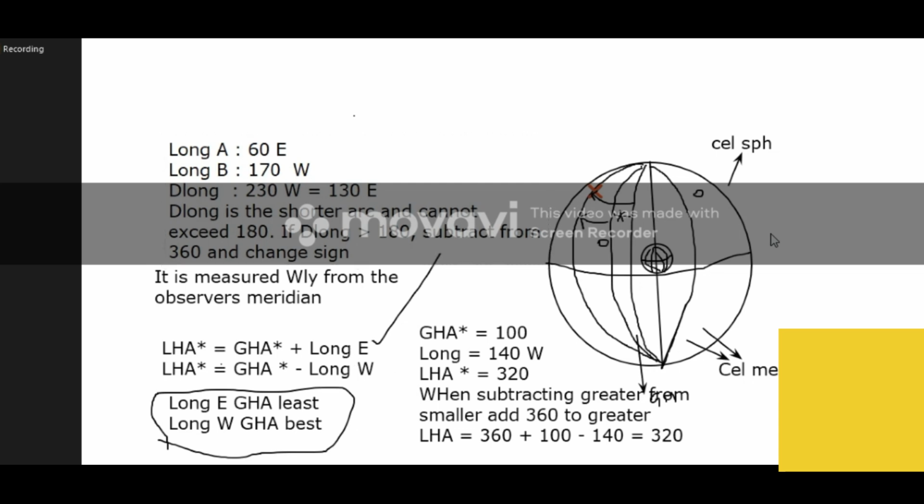Understood? So it is a shorter arc. So you cannot have more than 180. So anytime you are doing D long and you get more than 180, then subtract from 360 and change the sign: east becomes west, west becomes east.